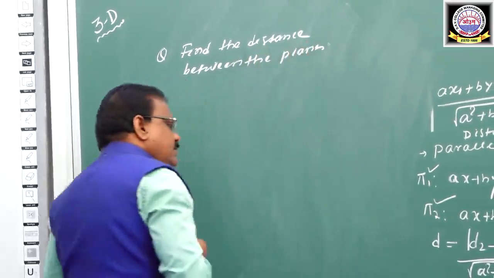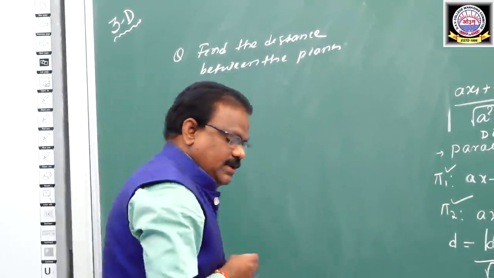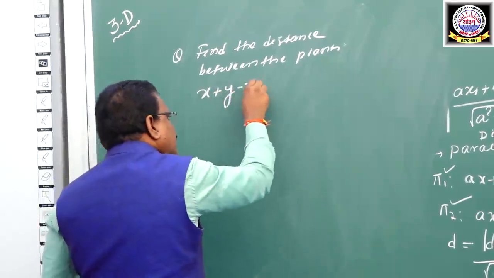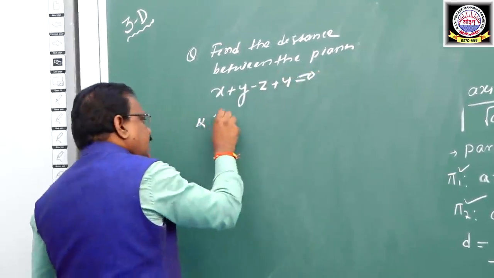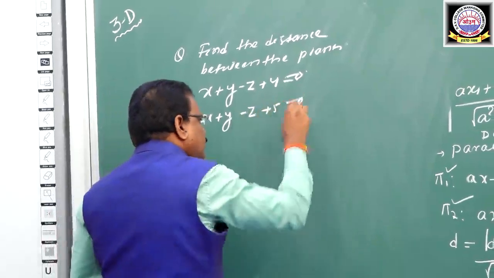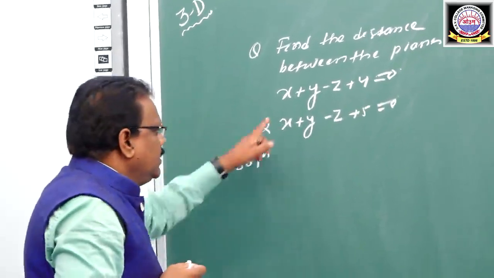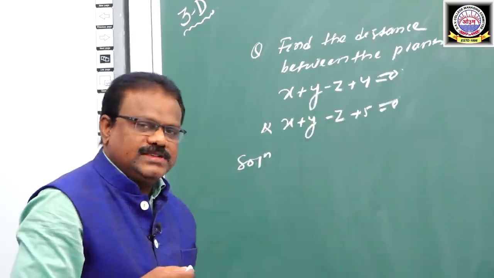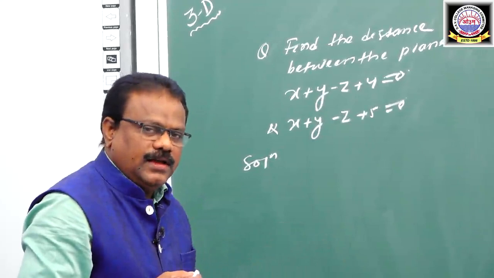The planes given are x plus y minus z plus 4 equals 0, and another one is x plus y minus z plus 5 equals 0. What should be the distance? Mark here that the coefficients of x, y, z in both planes are the same, so you will declare the two planes are parallel.